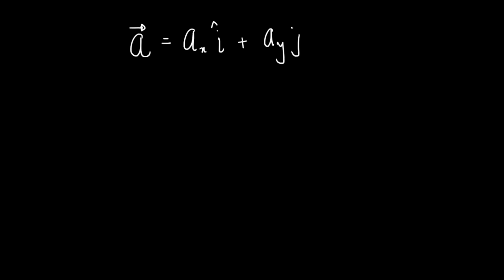So I hope that this is not sounding too abstract. I'll take a vector which has got only the I component and the j component, and take another vector which has got only the x component and the y component. And I'm going to ask the question, what is A cross B?